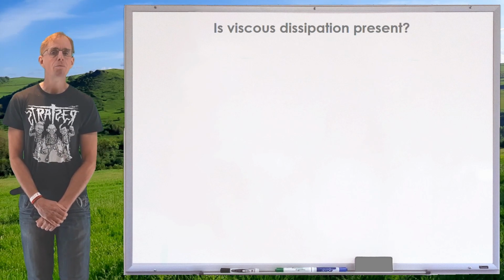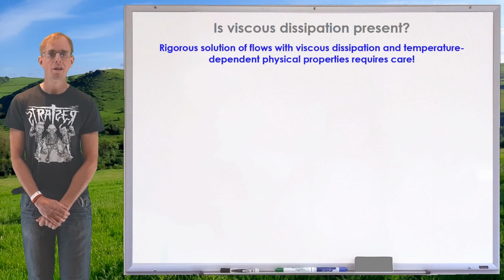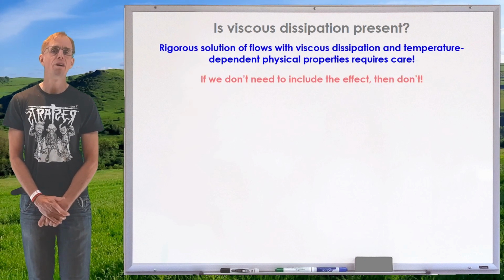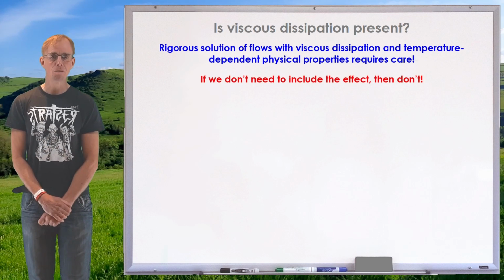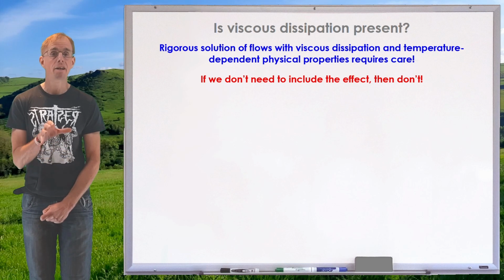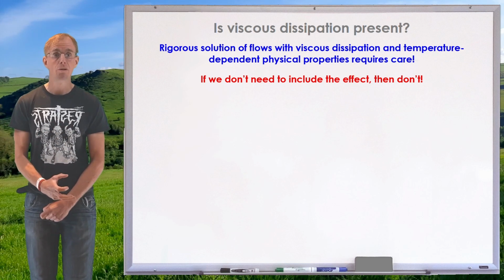One of the ways in which we can judge whether viscous dissipation is a problem or not is by use of a non-dimensional group. We need to be aware of this in experimental measurements. We need to be aware in calculation work of whether or not to include viscous dissipation.